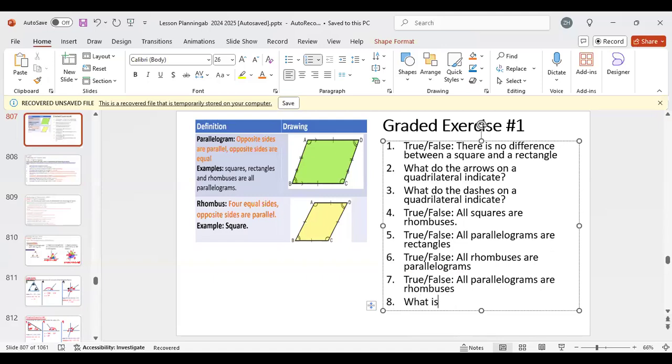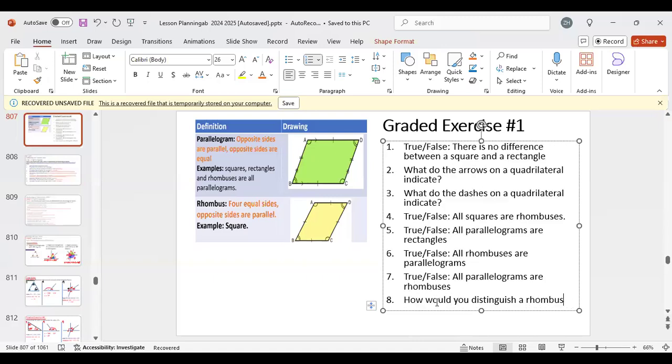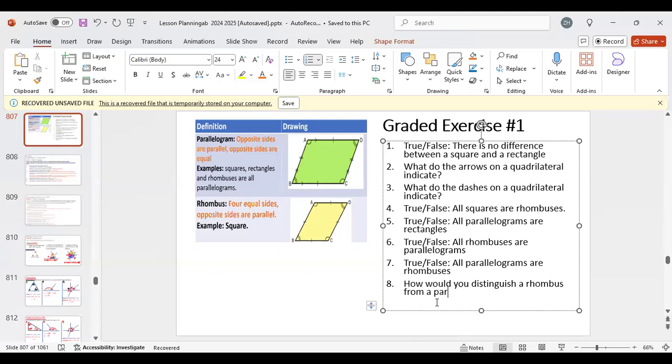What, if any, is the difference? How would you distinguish a rhombus from a parallelogram?